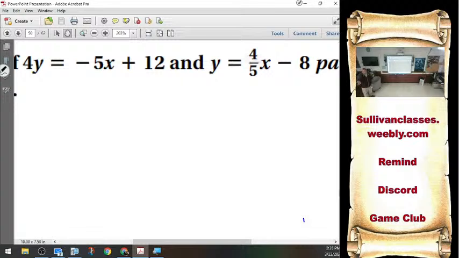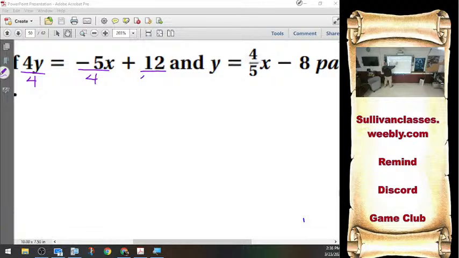It's tripping us up because they're not in the same form. I don't know what the slope of this one is until I rearrange it. We're trying to do a little bit of mental math and then compare. So how about you do exactly that? Get this one in the right form.